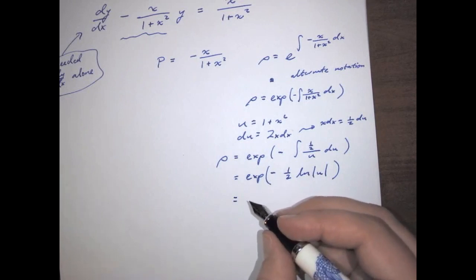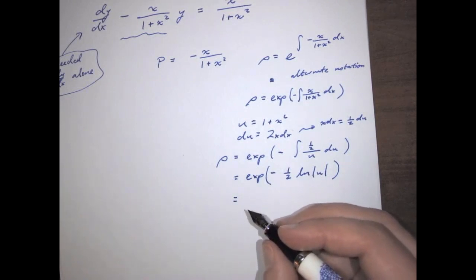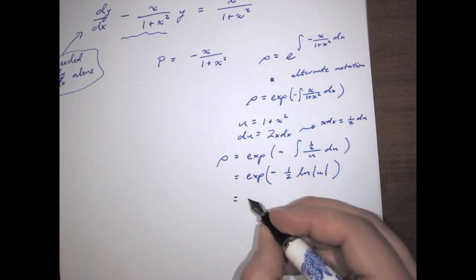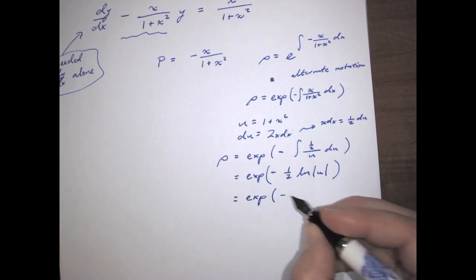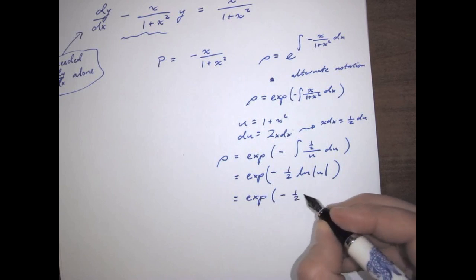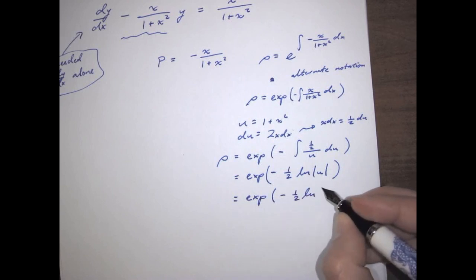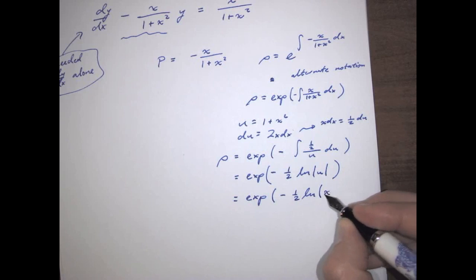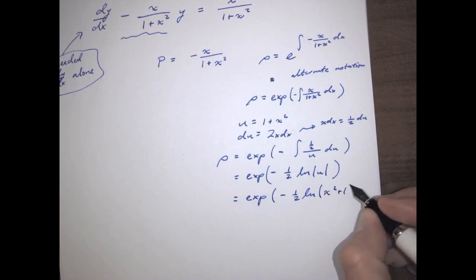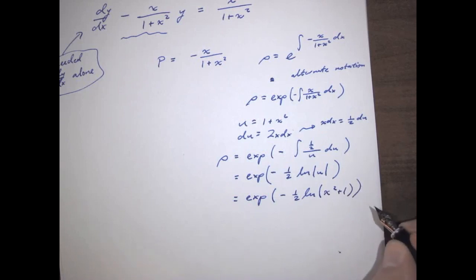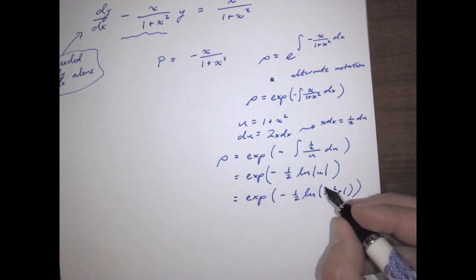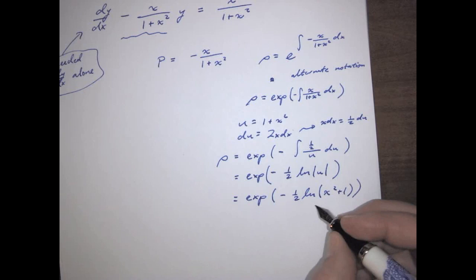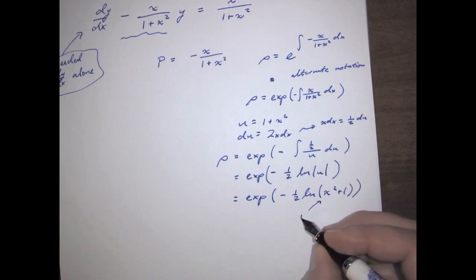So now this is going to be the exponential function of negative 1/2 ln of x squared plus 1. And notice I don't need to worry about the absolute value because this is always positive, so I dropped the absolute value.